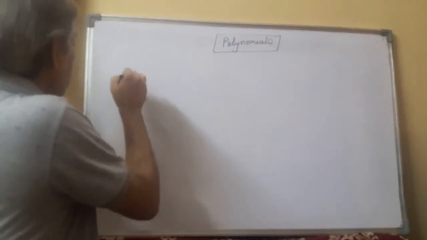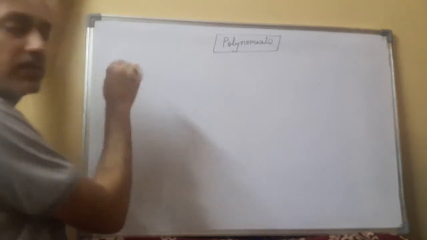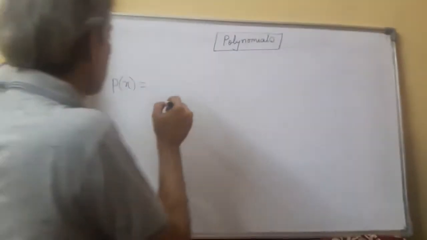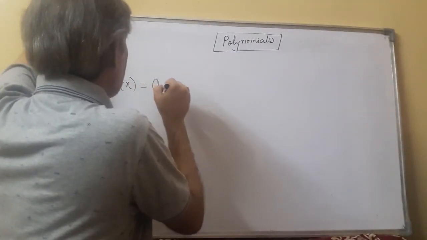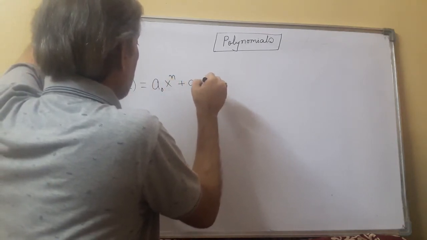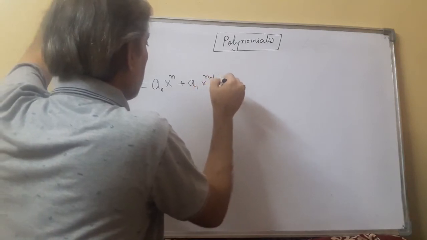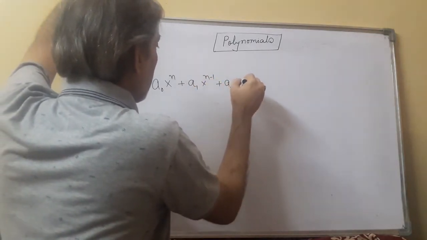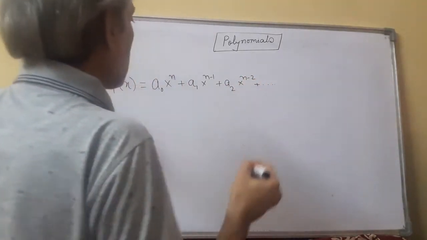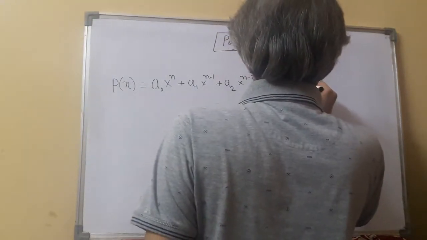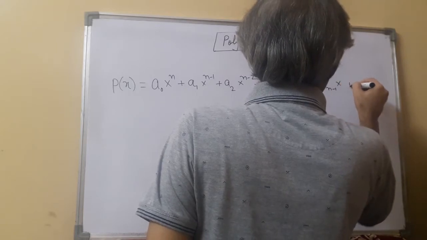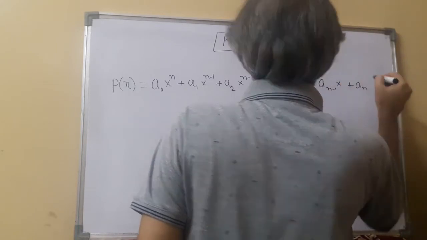Standard form. p(x) stands for polynomial. Let's say a naught x raised to the power n, a1 x raised to the power n minus 1, a2 x raised to the power n minus 2, and so on, a(n minus 1) x plus an.